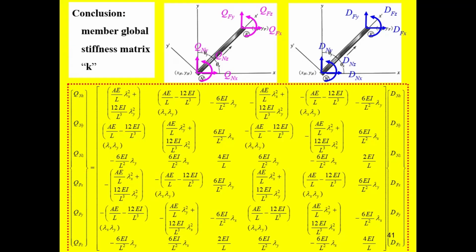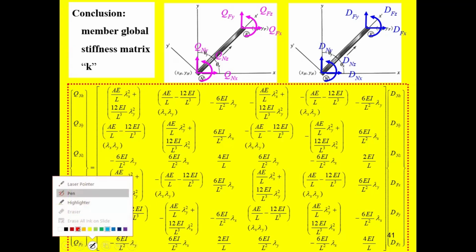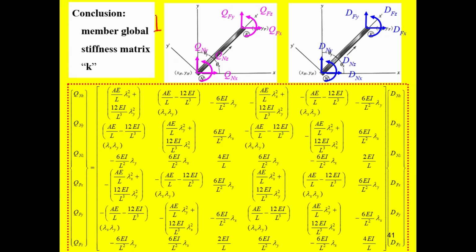Now, when Ajahn talks about the member in the vertical direction, such as this one, if you have this one, lambda sub x equal to 0, lambda sub y equal to 1. Then when this occurs, any term that has lambda sub x, lambda sub y will be 0. That's going to help, right? The same thing.